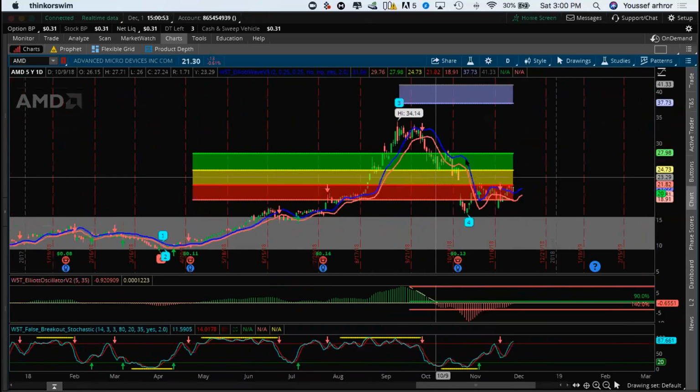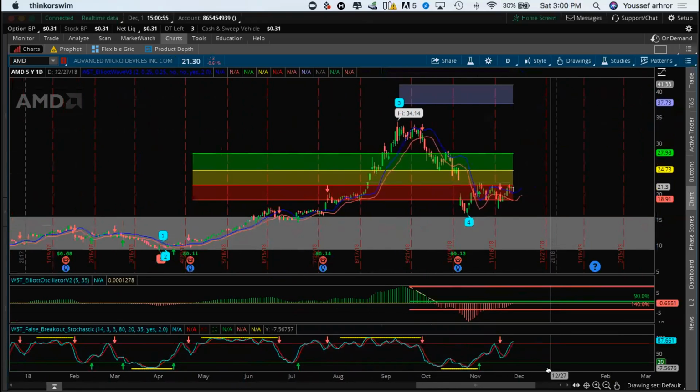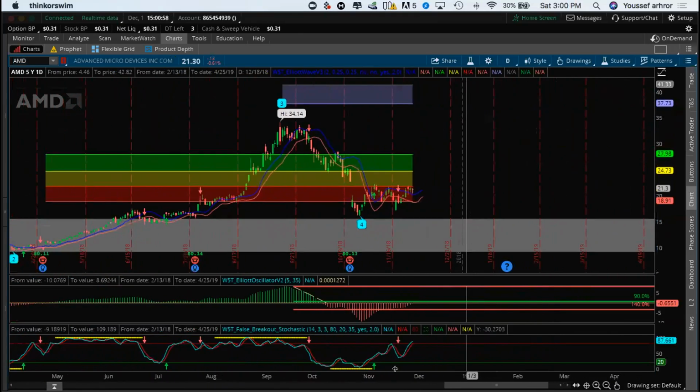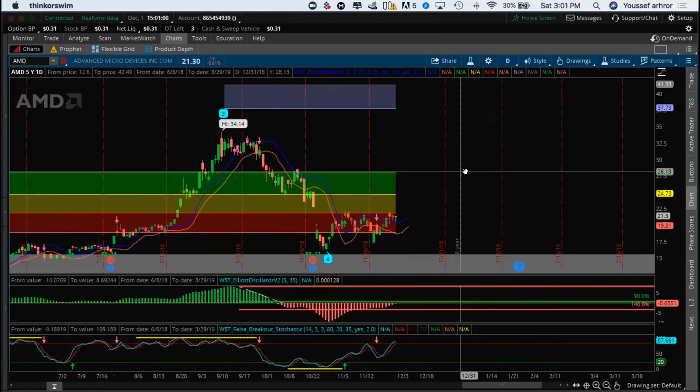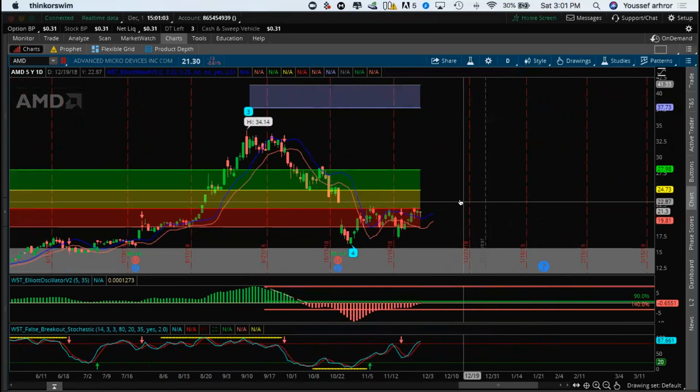Okay, so on the daily, the wave 4 actually came below the red zone, okay? But you can see how it's holding right now, but we haven't closed that gap yet. So you're talking around about $23 to close that gap. It doesn't seem to want to go down. That big support and resistance zone seems very strong to me. And as I said before, if you're holding a small amount and you've got a longer term view on it, if it closes below $15 into that zone, get out, take your loss, turn your back and walk away.